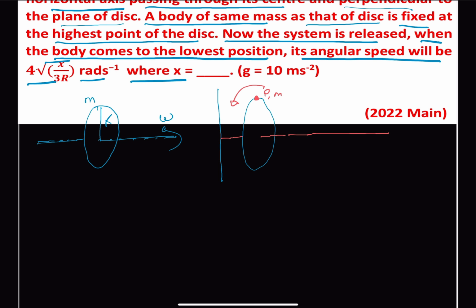So under this condition, we have our point mass at the lowest point, rotating with angular speed omega. At this position, the angular speed is given, and we have to find the value of x. The expression is given to us.